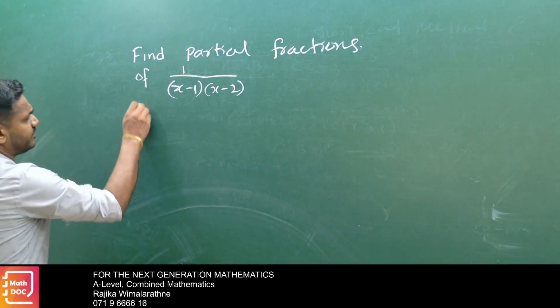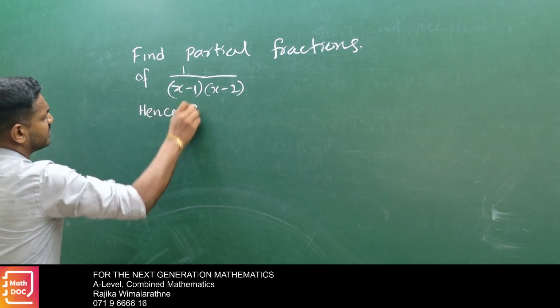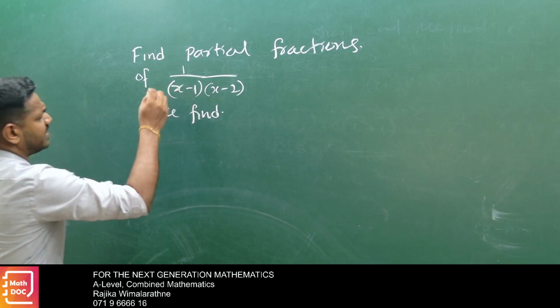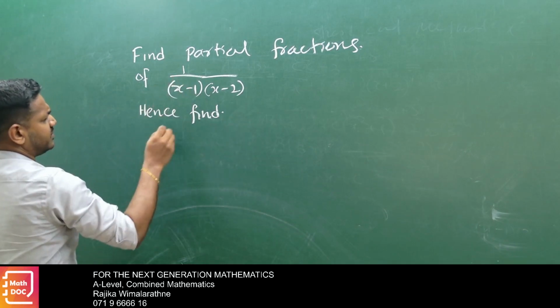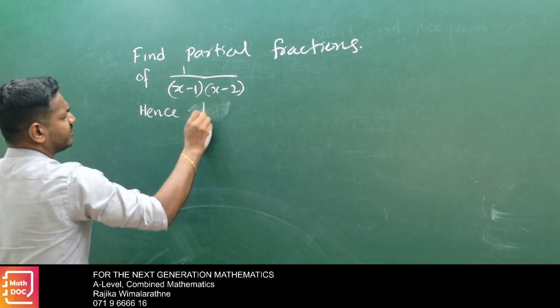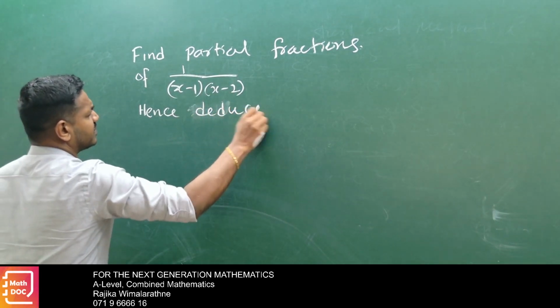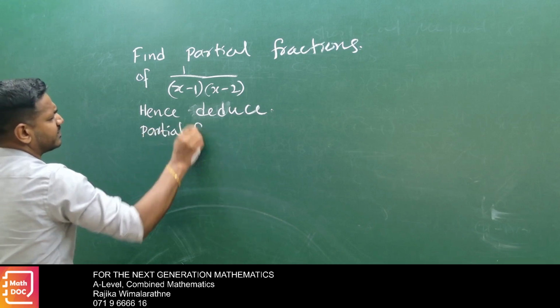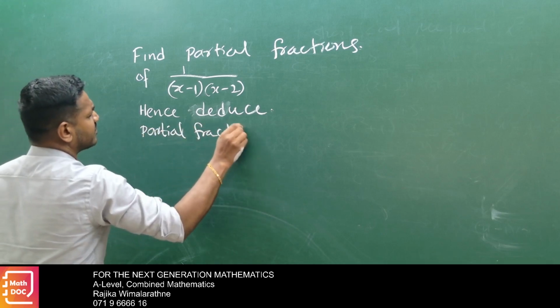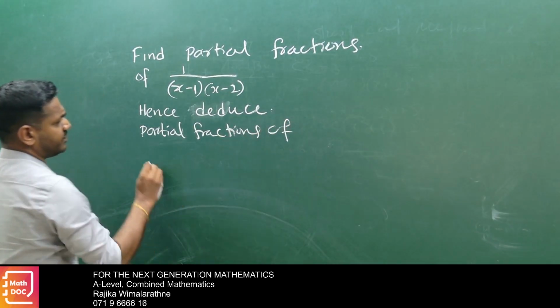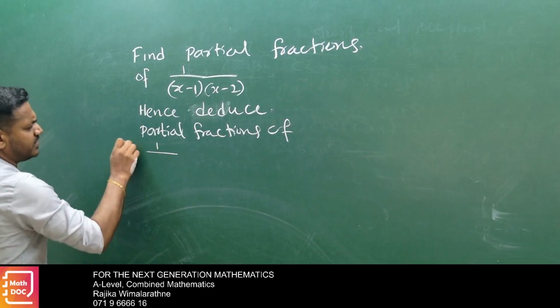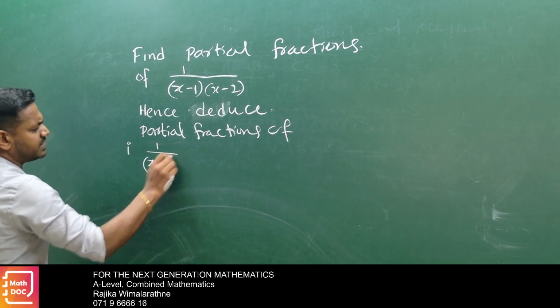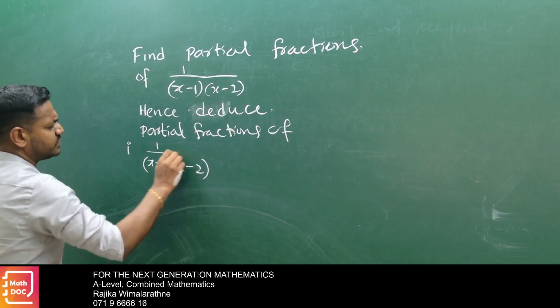Hence deduce partial fractions of: first one, 1 over x minus 1 square times x minus 2.